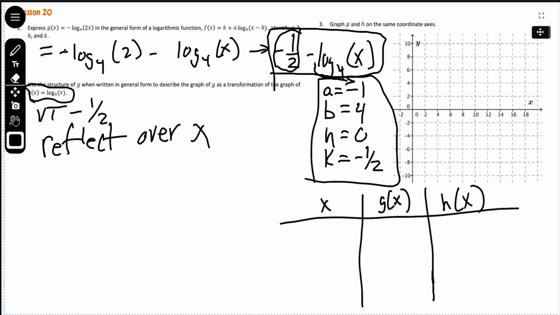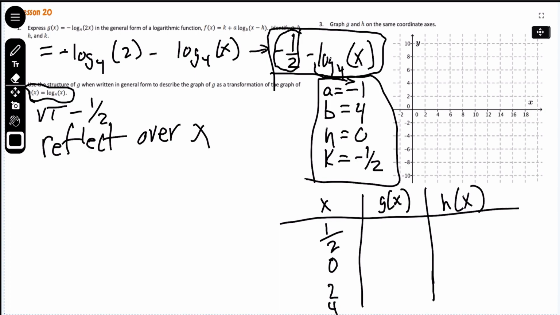Let's start with, let's go with just starting with like a 1/2, and then let's do 0, 2, and 4. Let's see what those turn out to be.